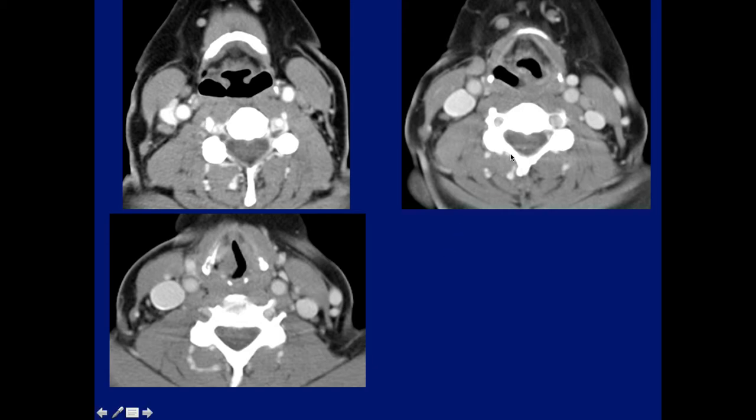So again, here we have vocal cord paralysis with all the signs. What caused this paralysis? What do we see on this image?